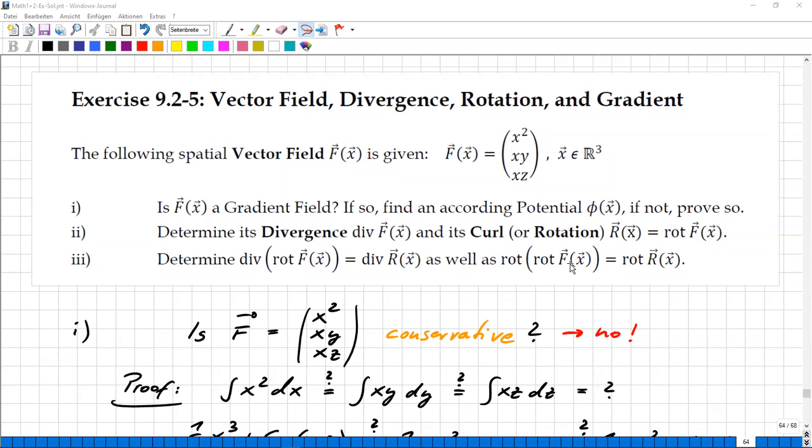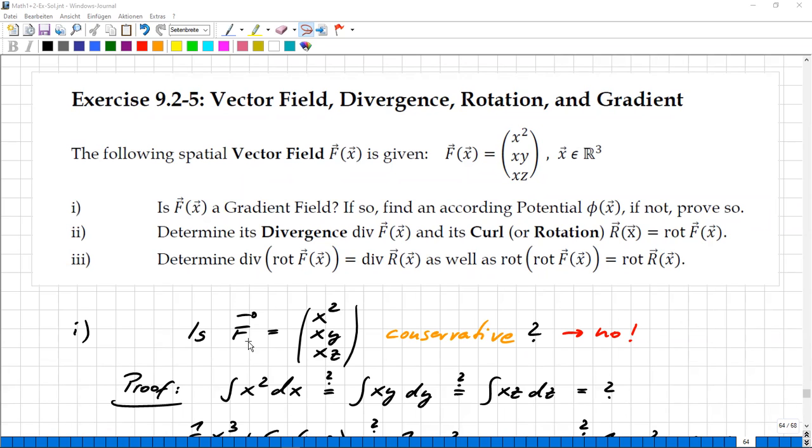I think for my own way of dealing with abstractions, this is the most abstract thing in this whole context. To imagine what the rotation field of another vector field means. You don't need to understand it in so much depth. You may try, but it's quite interesting which properties hold for the rotation of another rotation. Okay, we'll see.